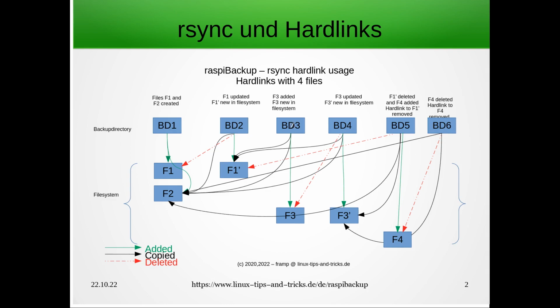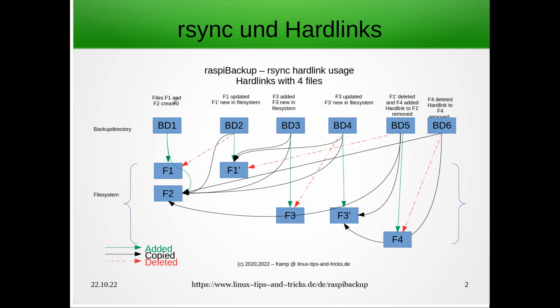Then in the next backup the file 3 is added, and so on and so on. So let's describe what's going on whenever you create a backup with rsync. These arrows actually should depict the links in the backup directory to the existing files.